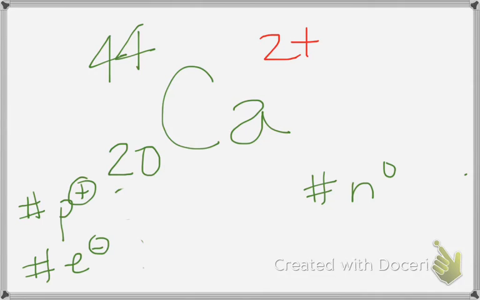Is this now the elemental calcium or is it a calcium ion? It's an ion. And what type of ion? Is it a cation or an anion? Cation. So now how many protons are there in this calcium? There's still 20. How many electrons are there? 18. That's the reason why there's the 2 plus charge.